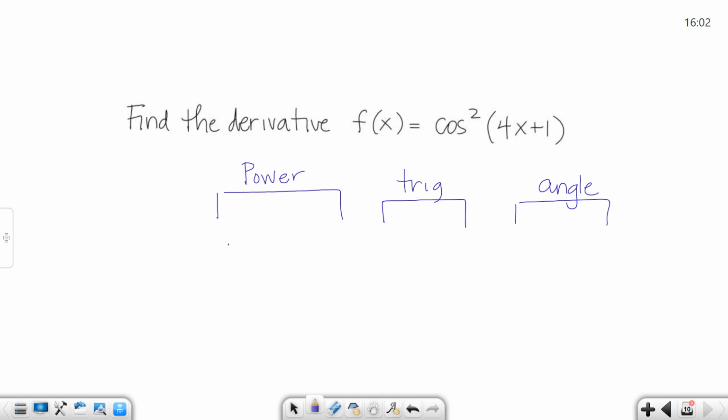Now, I'm going to bring down the 2. 2 cosine 4x plus 1. When I decreased my power by 1, 2 minus 1 gave me a cosine to the 1 there.